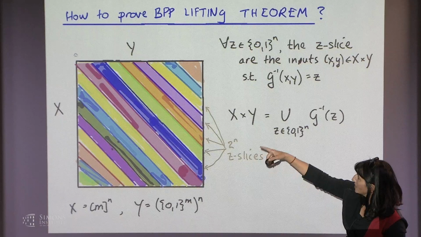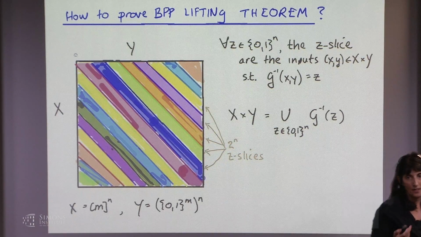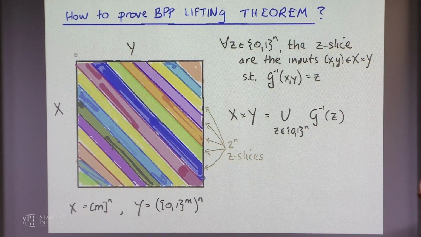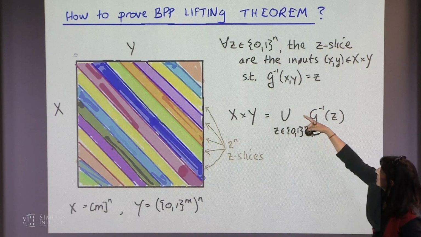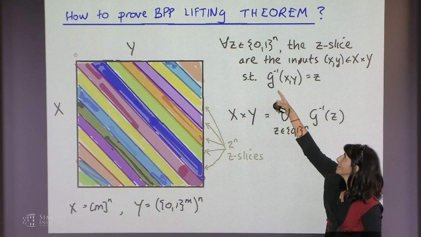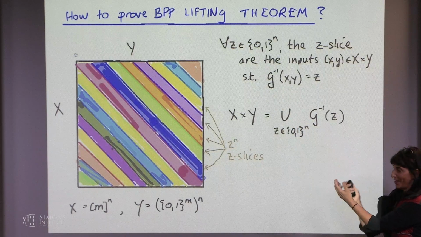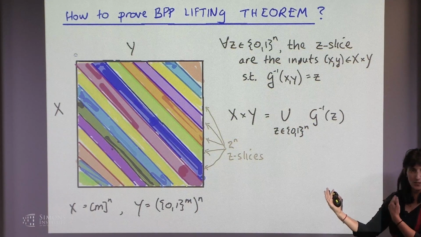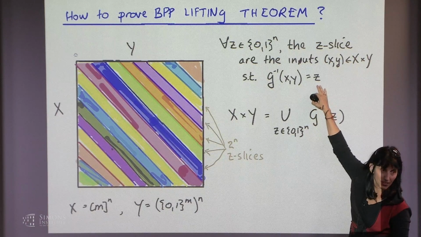Okay, and so each of these points in here is labeled with a z. We apply each gadget to it, and that gives us a vector of length n. So we'll call that a z vector. This should be g to the n of xy. x is broken up into n pieces, so is y, and we apply g to each copy. That gives us an n-bit string z.